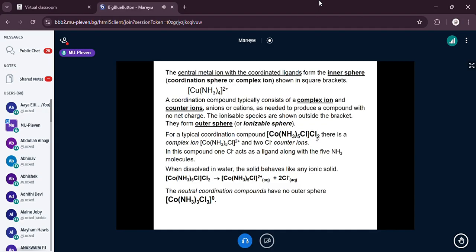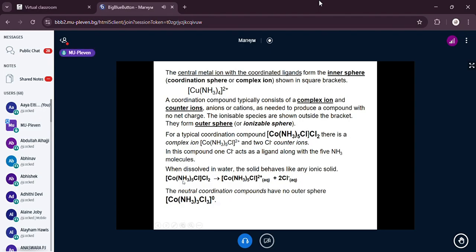Why counter ions? Because the charge of complex ion is 2 plus, so the sum is 0. So coordination compound is a neutral compound.